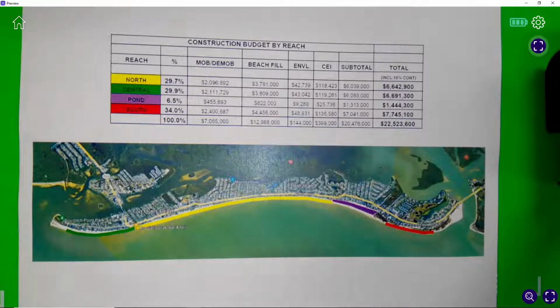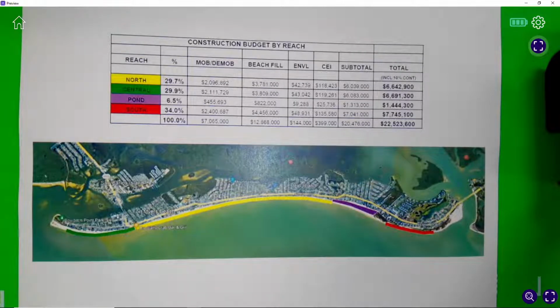The north segment is, and looking at this, I think I got my colors mixed up, the north is the green in the picture. So I apologize for that. The north segment is the previously constructed project, and as you can see, about 30%.